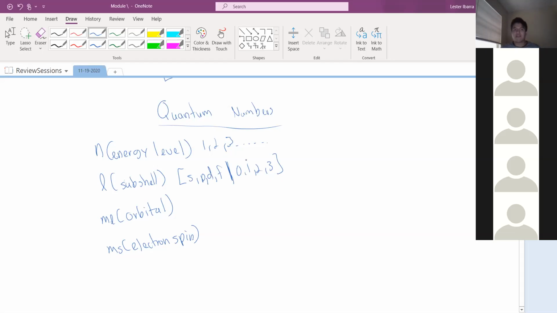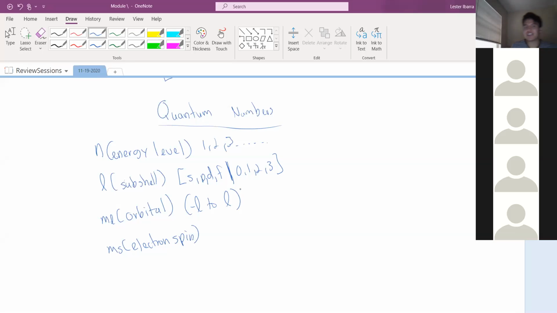And then for the M sub L, it depends on the subshell. The range of the M sub L would be from negative L to L. So if your subshell is P, your range could be from negative 1 to 1. If your subshell is F, it would be from negative 3 to 3.